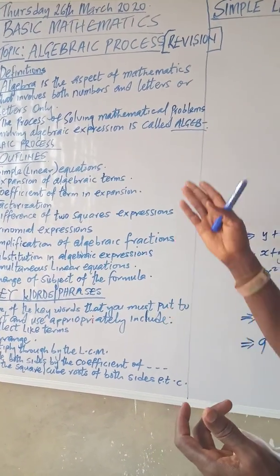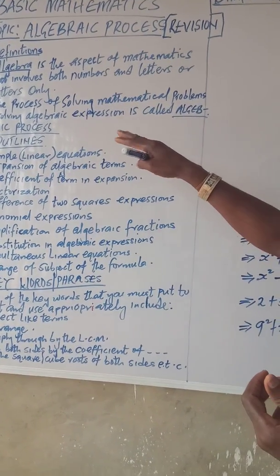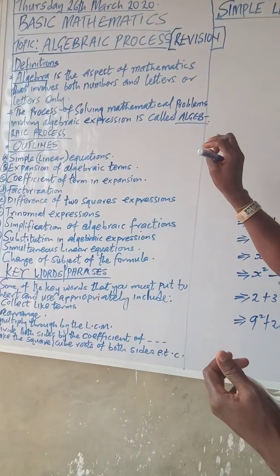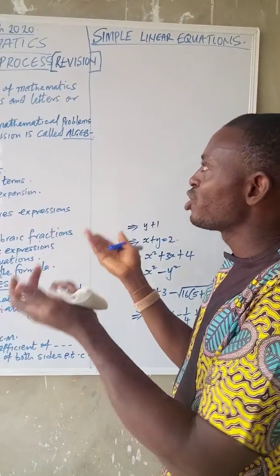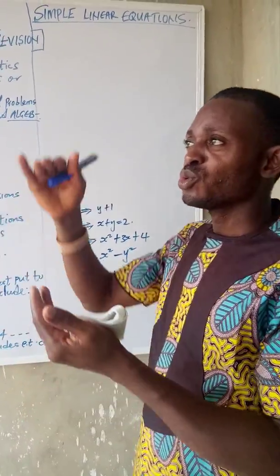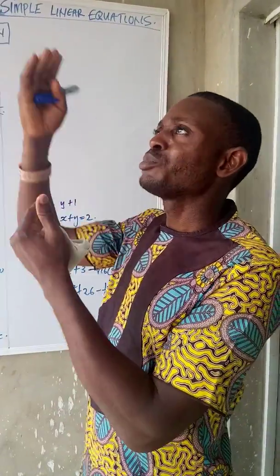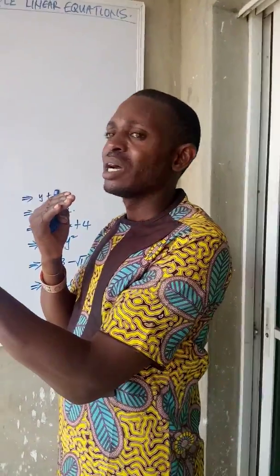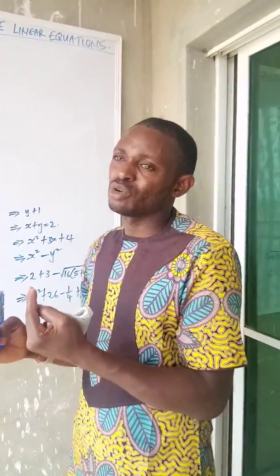The process of solving mathematical problems of any kind that involve algebraic expression is called algebraic process. So, solving algebraic expressions is a process. You go in a particular order. There are terms you use one after the other, step by step, till you arrive at your final answer.